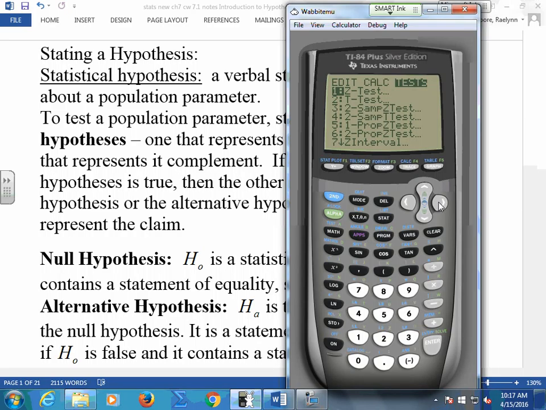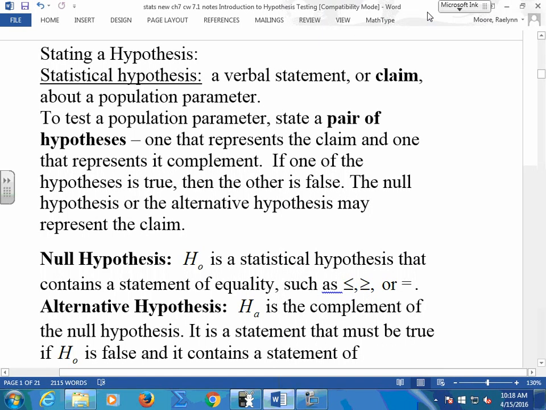Remember we bypassed everything and went to interval? These are the things we'll use. We'll set up a z-test. We'll put the mean in, the standard deviation, our sample mean, our n. We'll figure out which way our tails go, and we'll calculate certain values that we'll test against. We have formulas for this, and we have calculator steps for this. So it's really not that bad.